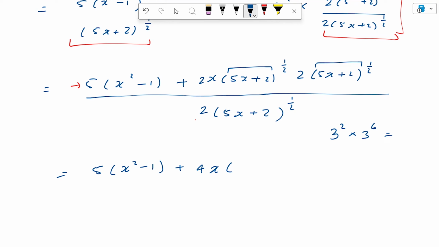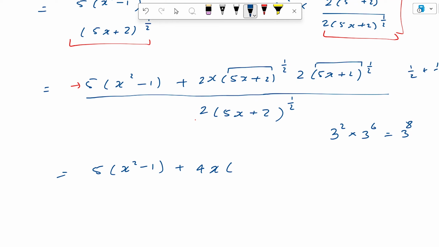You are not going to get 3 raised to the power of 12. That's wrong. What you're going to get is 3 raised to 8, because we add the exponents, which is what's happening here.